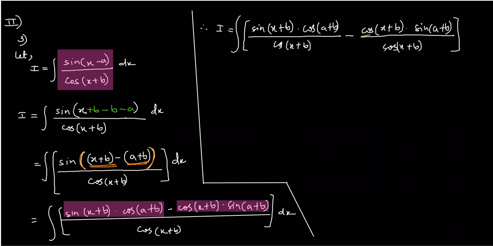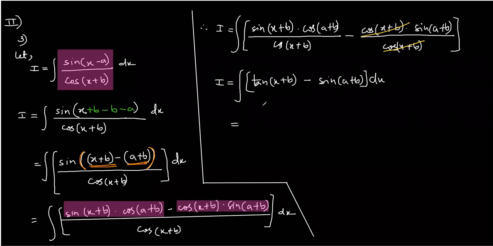Here cos of x plus b cancels, and sine of x plus b upon cos of x plus b gives tan of x plus b. So I get integral of tan of x plus b minus sine of a plus b, dx.